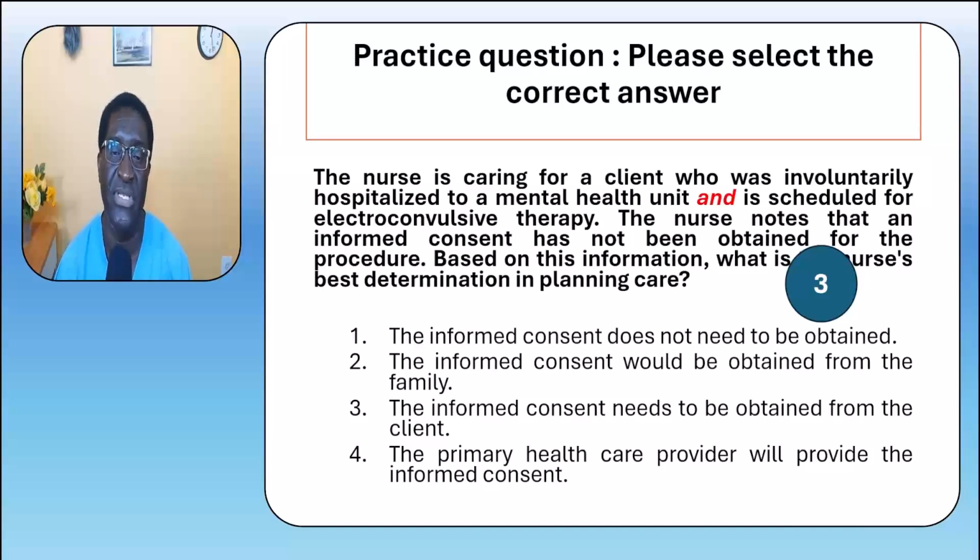The informed consent needs to be obtained from the client. And when you go back to the question, what does it tell? The second part says the nurse notes that an informed consent has not been obtained. So you are looking for the best answer that connects to the second part of the sentence after the AND.